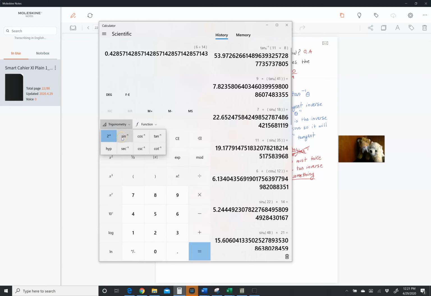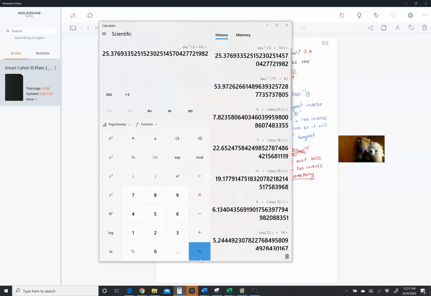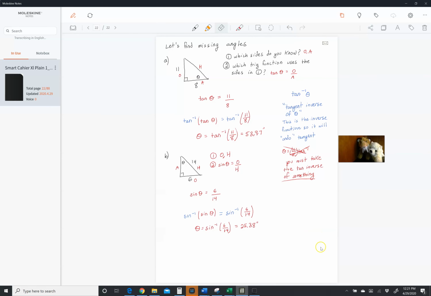And we're going to plug in sine inverse. And we get 25.38. Okay, it certainly seems reasonable. It's not going to be perfect, but it seems reasonable. Okay, let's do 2 more.